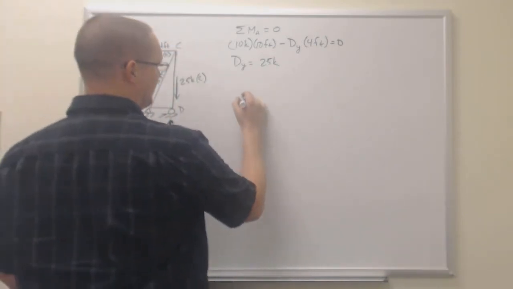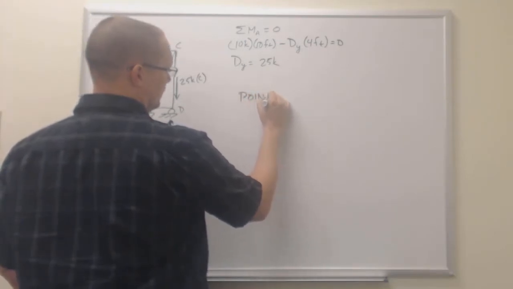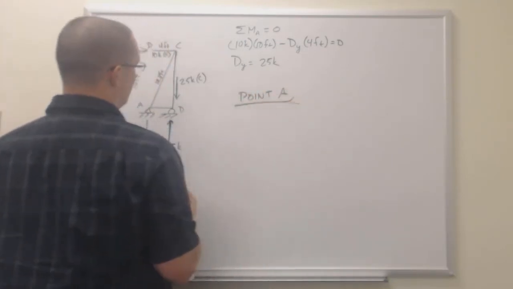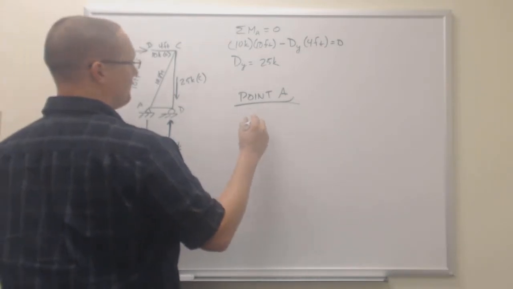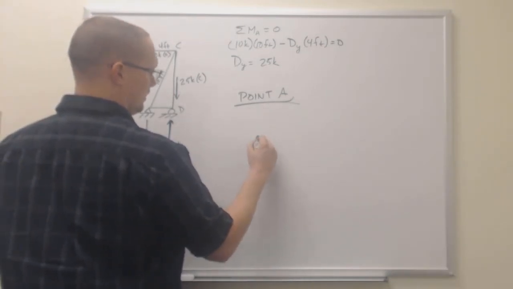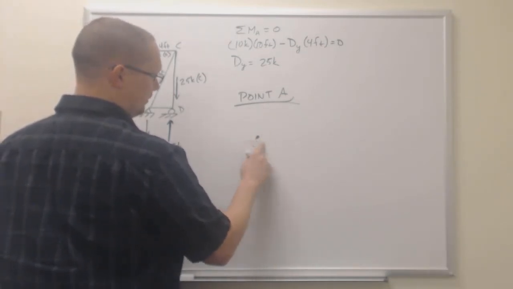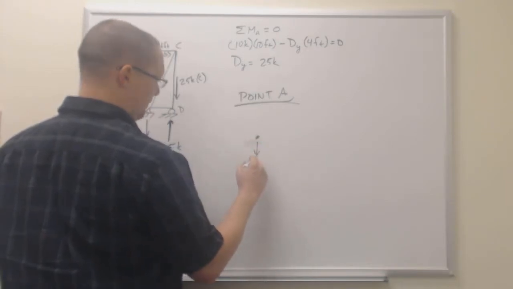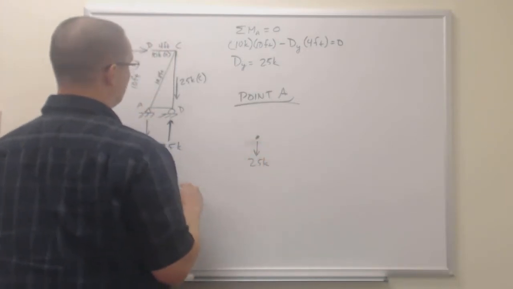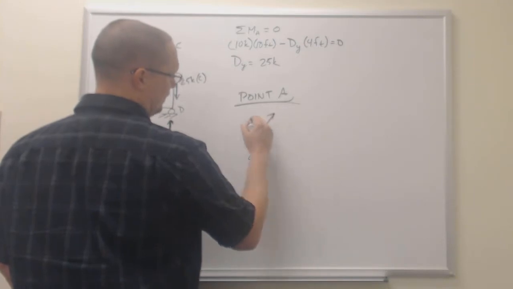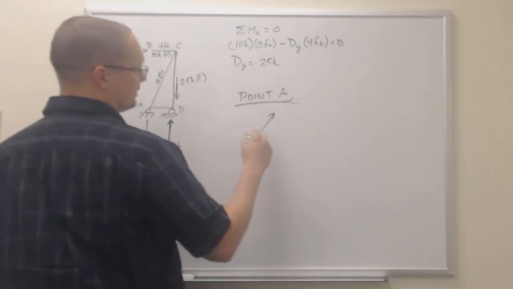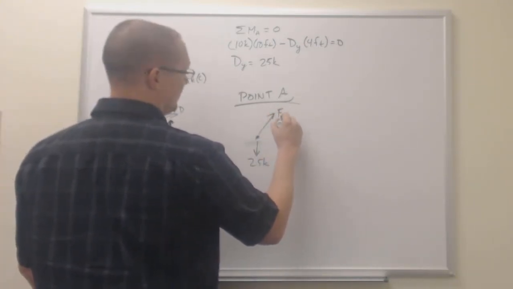So if we look at point A, we have a downward force from our reaction, that's 25 kips, and we have a diagonal force, FAC.